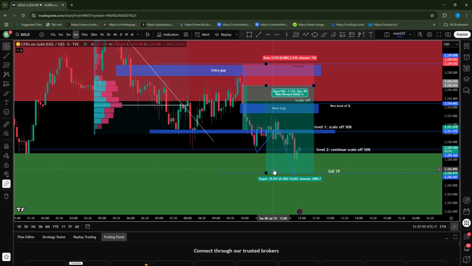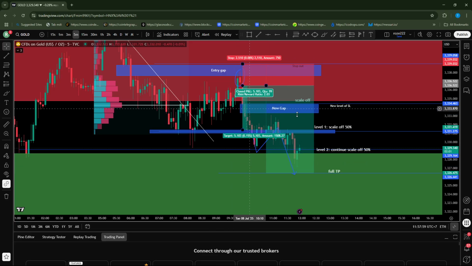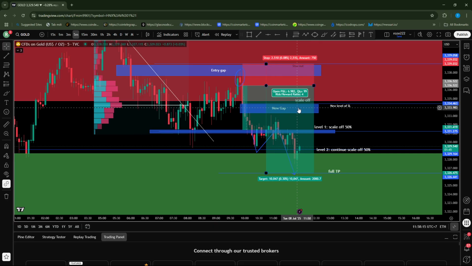That is enough for me. Yes, and we create a new gap, and now I just have around 25% of my beginning size of this particular trade. So I move my stop loss into the new gap that I drew on the screen.